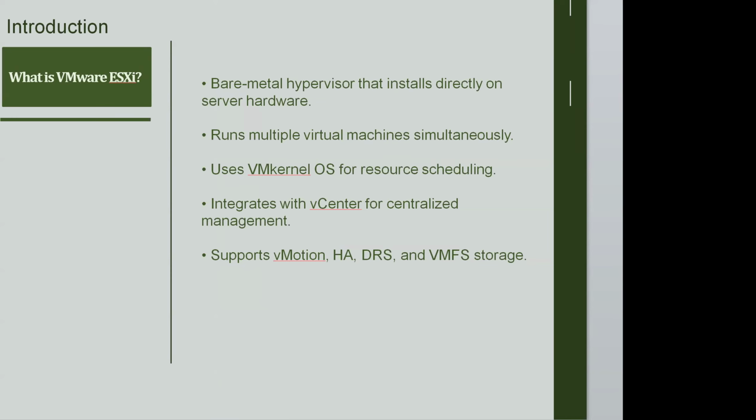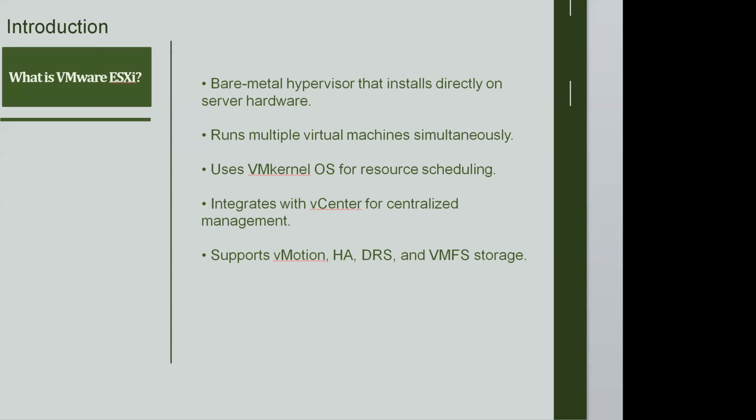All right, so what is VMware ESXi? VMware ESXi is a bare metal hypervisor, meaning it installs directly on the server hardware, no operating system in between. So it lets a single physical server run many virtual machines at the same time. The ESXi hypervisor uses a lightweight OS called a VMkernel.